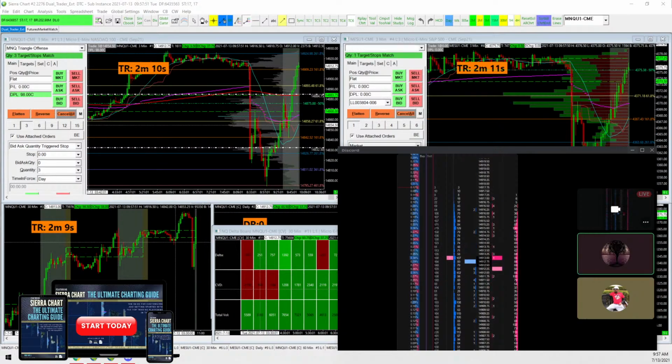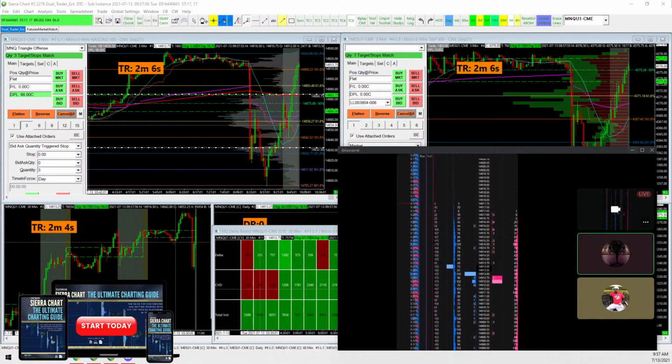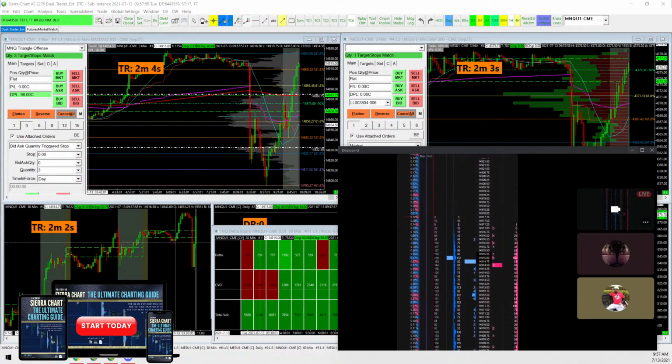14 and 3/4 is where our offer is hanging out, as they've got price stopped for the moment and our buyers have to respond. Starting to see them throw supply into the market again. And here we go. Looking for the response if we make it to the session high.